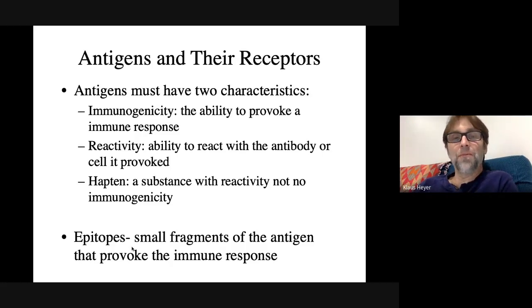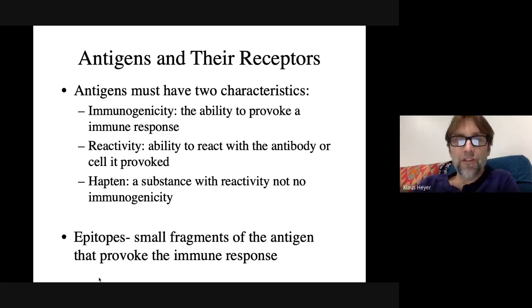First, they have to be able to provoke our immune system. That's immunogenicity. Sometimes a virus will leave a cell and wrap itself in our membrane. That would have no immunogenicity. Our cells could attack it if we knew to, but we don't know, so it lacks immunogenicity.